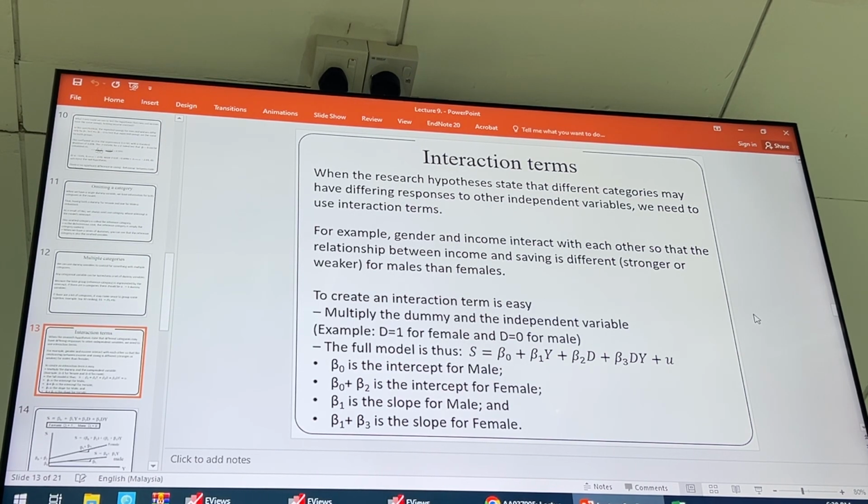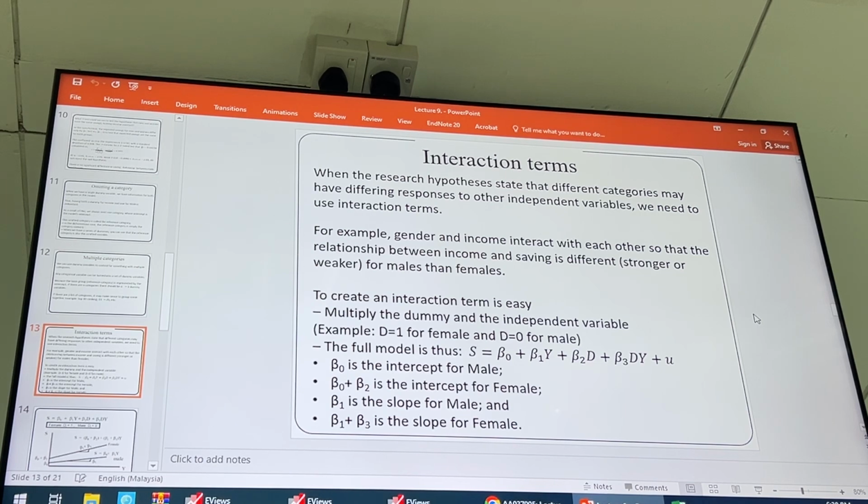Alright, interaction term. This allows us to have interaction between dummy and independent variables, in order to allow different groups to have different slopes as well. The first example that we considered only allowed the intercept to be different. Right now we want the slope to be different as well.